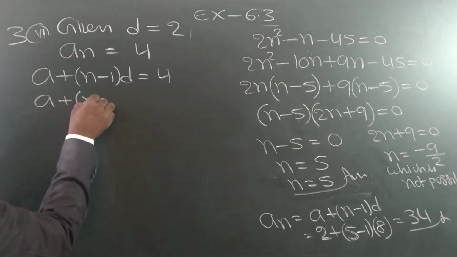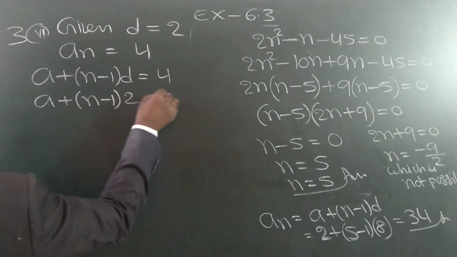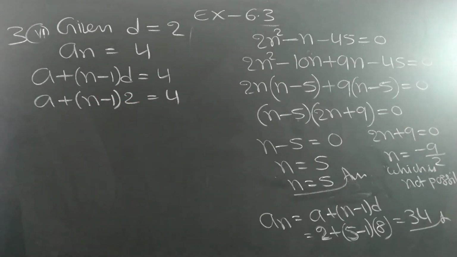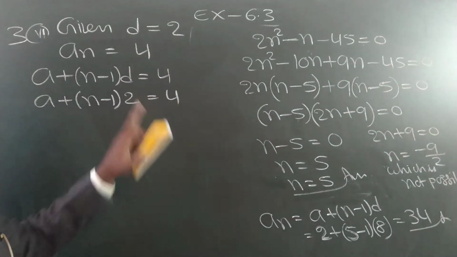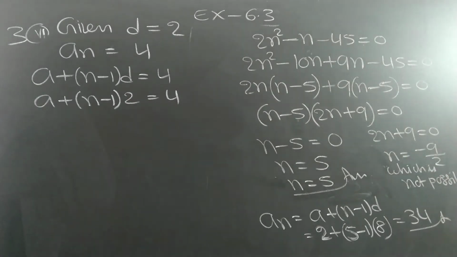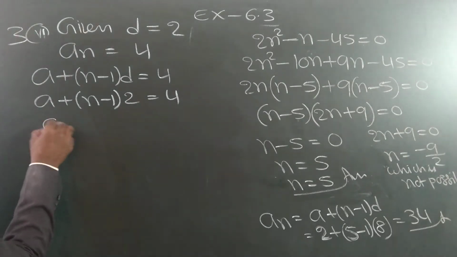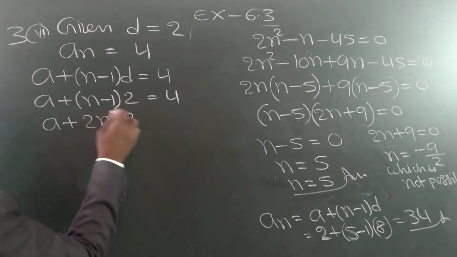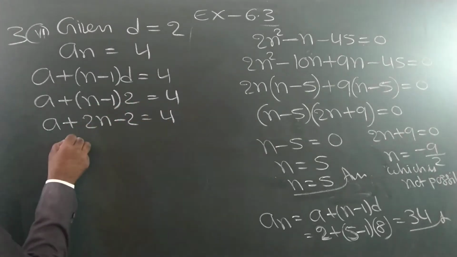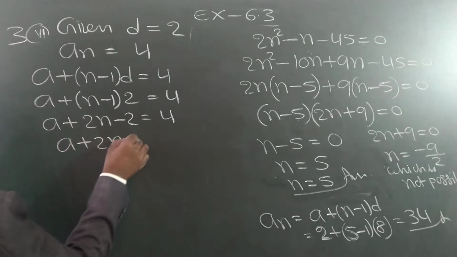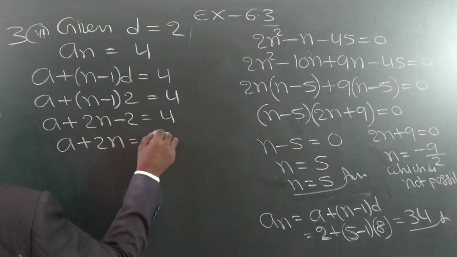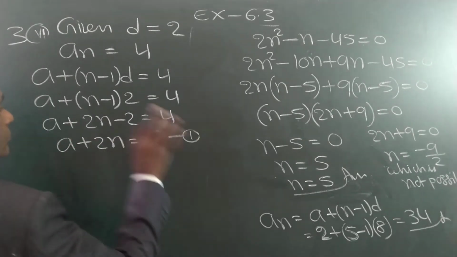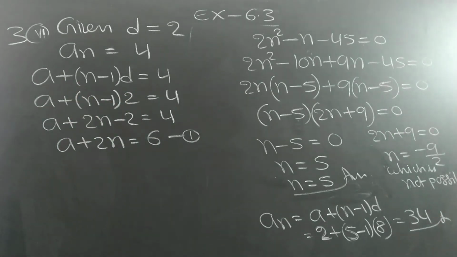A plus n minus 1 into 2, so A plus 2n minus 2 is equal to 4. Or A plus 2n is equal to 4 plus 2, 6. First equation.